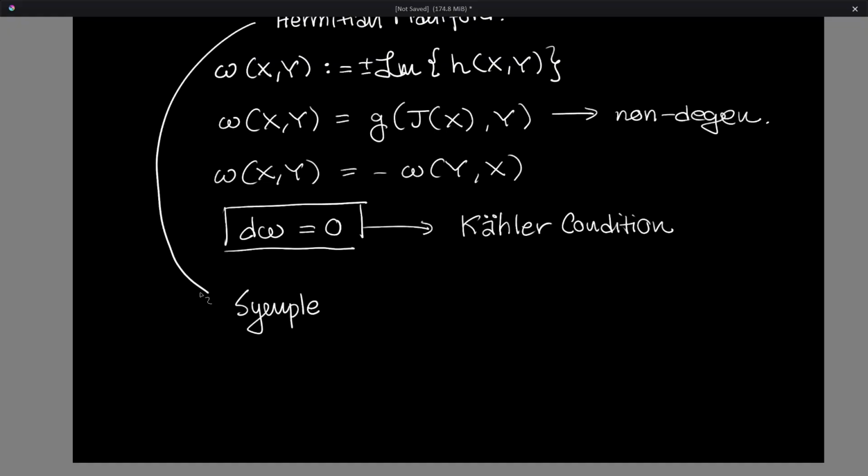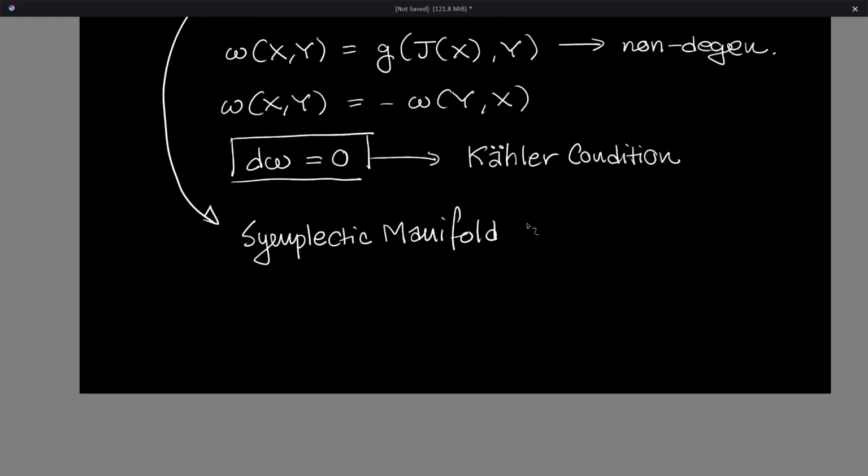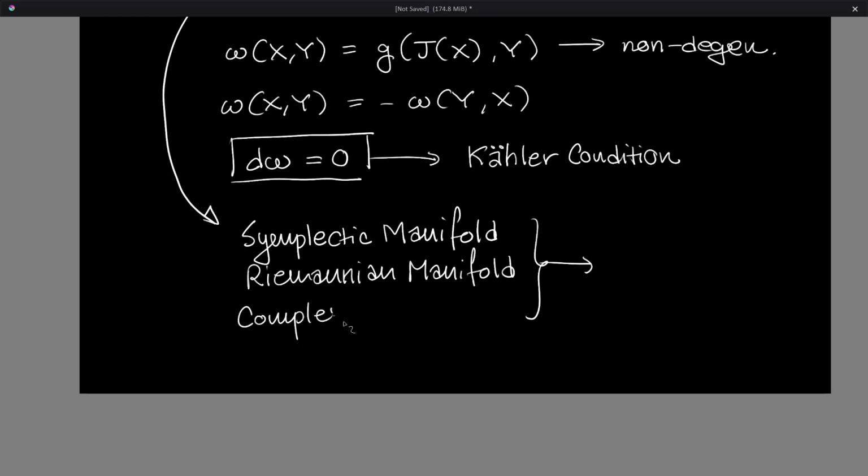So our Hermitian manifold becomes a symplectic manifold. That's why we can say that a Kähler manifold is a symplectic manifold, a Riemannian manifold, because it has a Riemannian metric G, and a complex manifold, because it has an integrable complex structure, or almost complex structure.